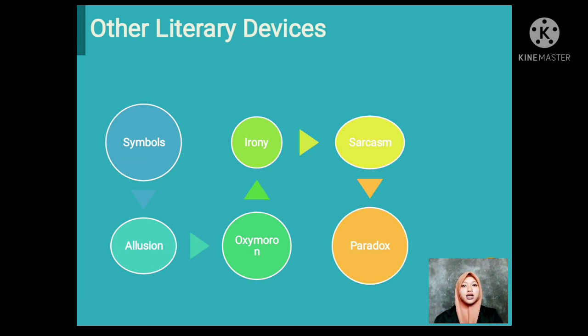So literally, sarcasm means tearing the flesh. And the last, paradox. Paradox is a seemingly contradictory statement that on closer analysis reveals deeper truths. For example here, save money by spending it, and etc.